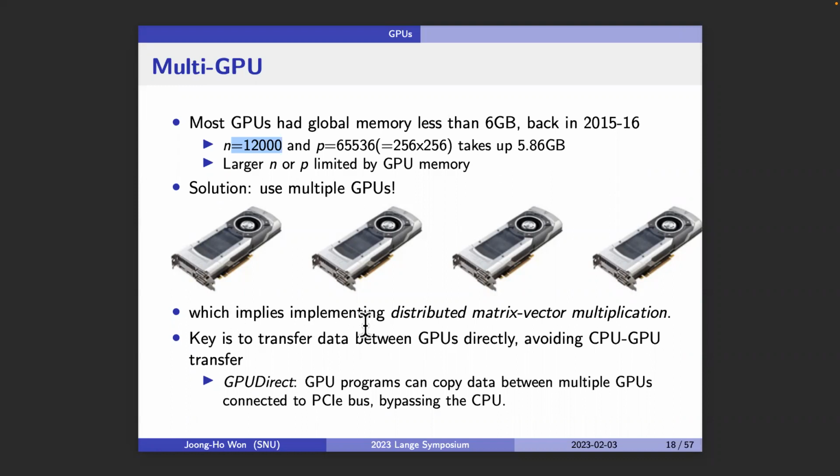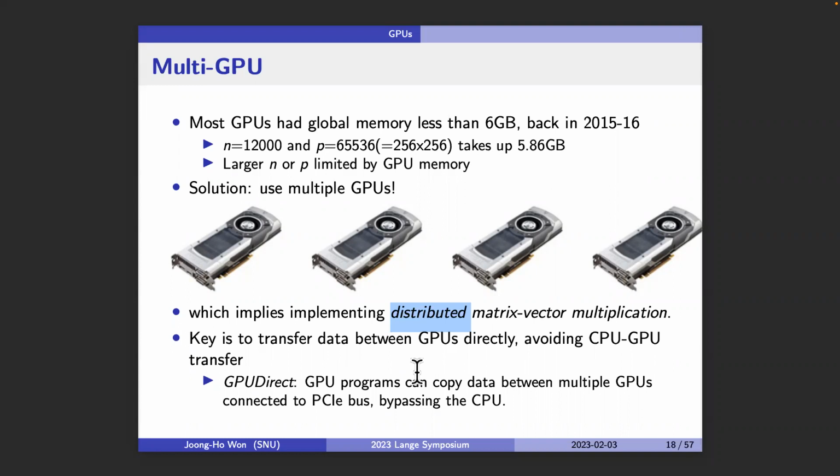Because that means I have to implement some distributed matrix vector multiplication because the data are distributed among GPUs. And in GPU computation, the major bottleneck is the data transfer between CPU and GPU. It's pretty slow. So if you have to go through the CPU from one GPU to another GPU, that's a really slow bottleneck.